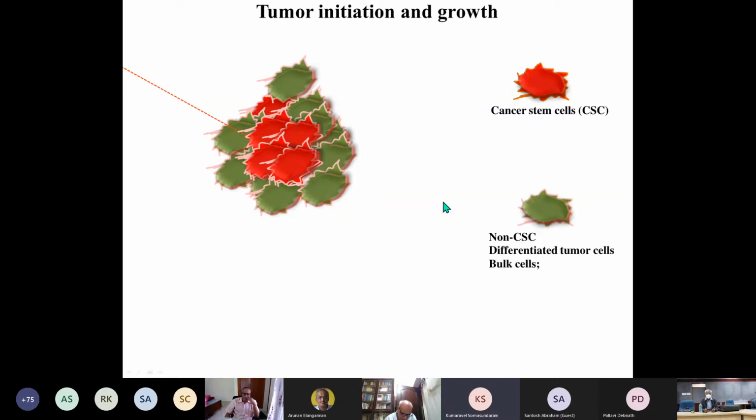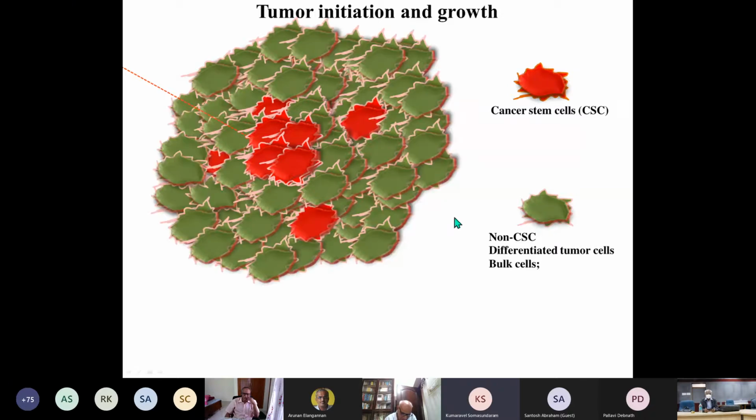At the end, you will have the whole tumor made up of a majority of non-cancer stem cells and only a tiny proportion of cancer stem cells, which is sufficient, because cancer stem cells are known to be resistant to most therapies and very difficult conditions, like not having enough nutrients. So they can remain alive. Even though non-stem cells can die, cancer stem cells remain alive and continue to sustain the growth of the tumor. That's how the tumor continues to remain there.